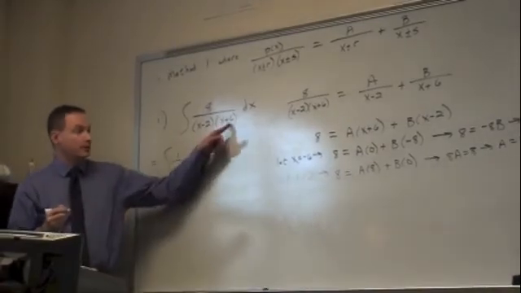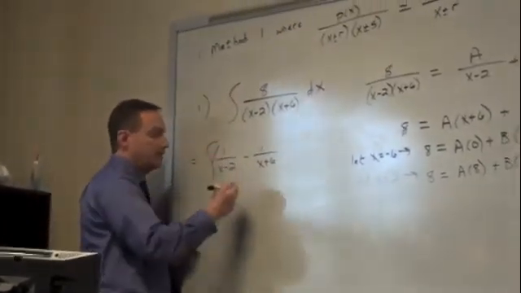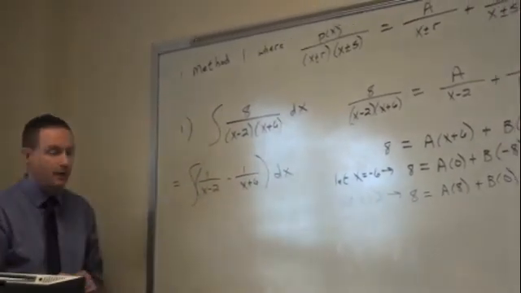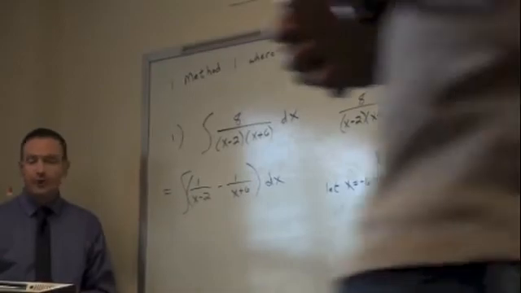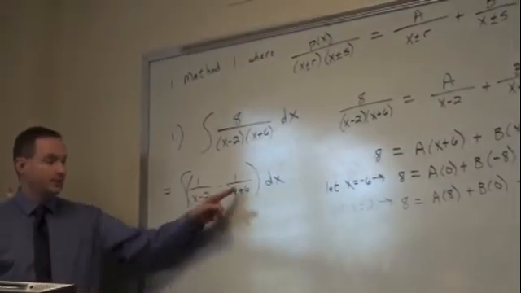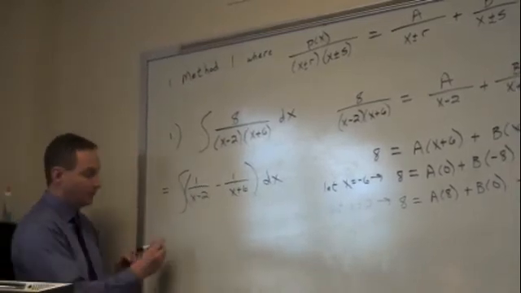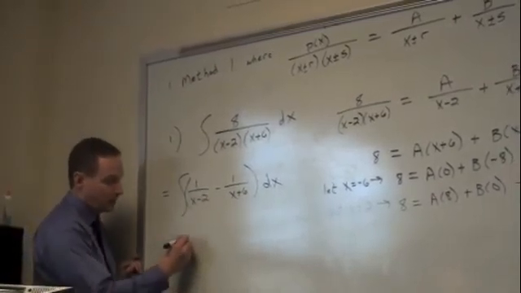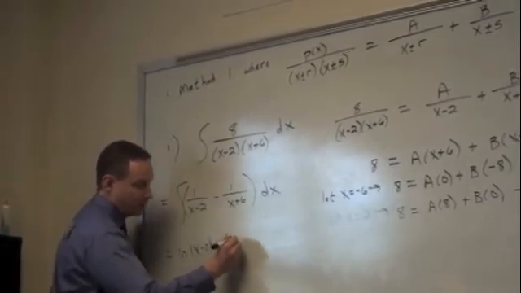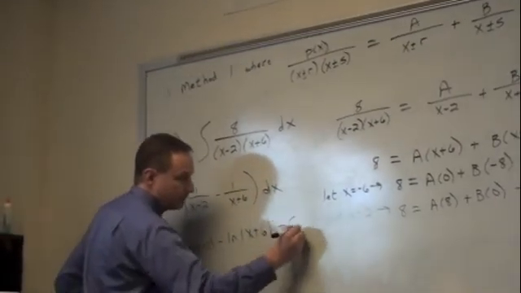Minus 1 over x plus 6. All of this is inside of an integral integrated with respect to x. There's no need to separate because you can go ahead and integrate the first term, integrate the second term, no problem here. My answer is going to be the natural log of x minus 2 minus the natural log of x plus 6 plus c.